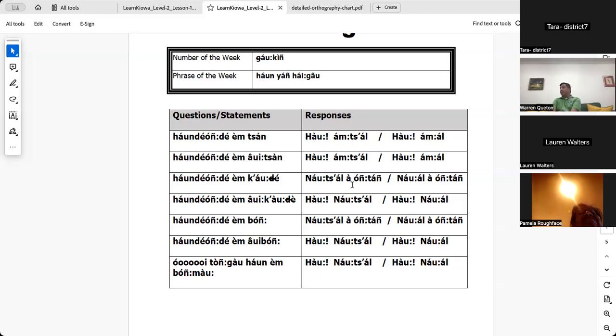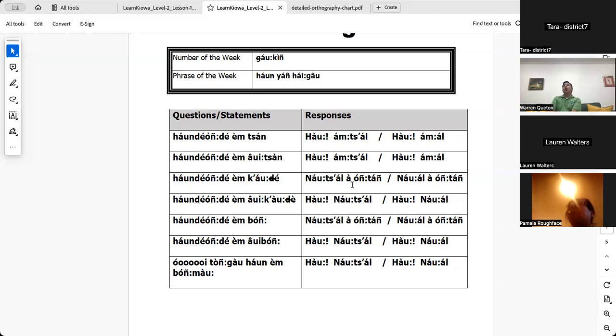So you might have Hobart Kiowa versus Anadarko Kiowa, or Stecker Kiowa, which is different from Carnegie Kiowa. I guess we'll call them dialects, or variations. But both these responses are correct.